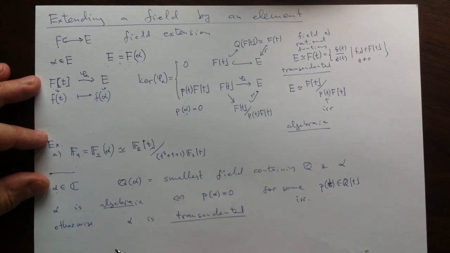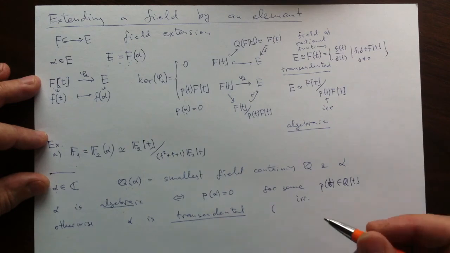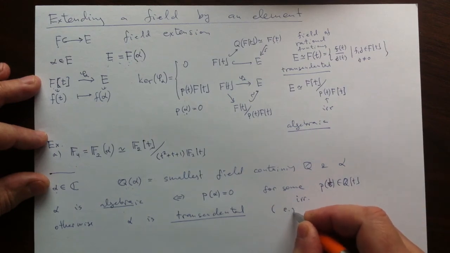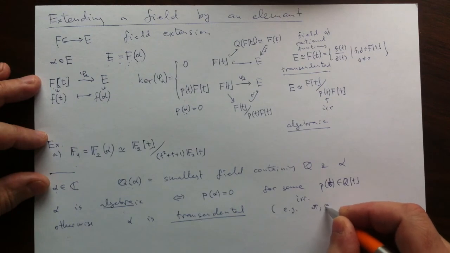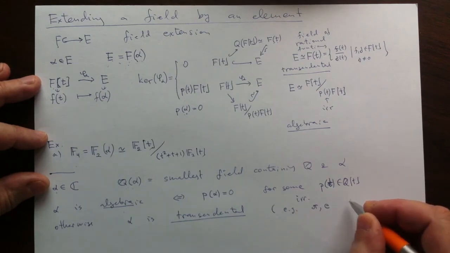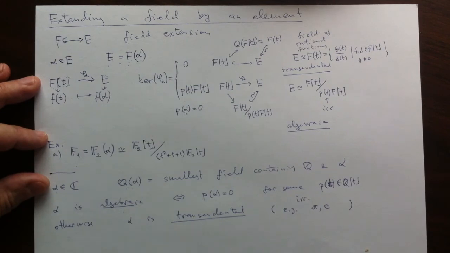You just have to go through powers of alpha and see if there is any linear relation between them, and such a relation will be a polynomial for which alpha will be a root. Seeing that something is transcendental is way harder, and it took great effort from mathematicians in the 19th century to prove that, say, pi or e are transcendental. They are still very interesting numbers, but it's way harder to prove that something is transcendental rather than algebraic.